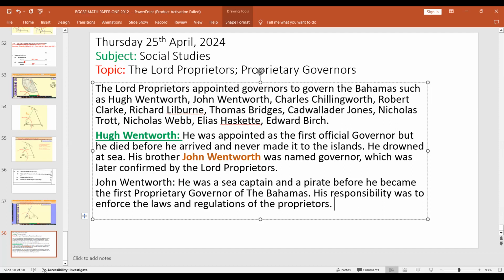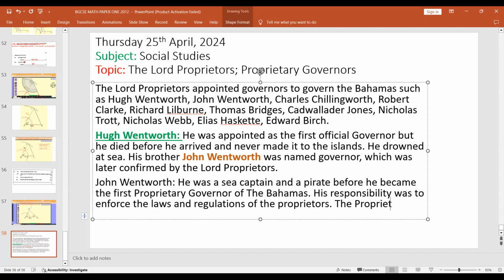But he didn't do that. He was not interested in that. The proprietors wanted him to collect their share of money, right?